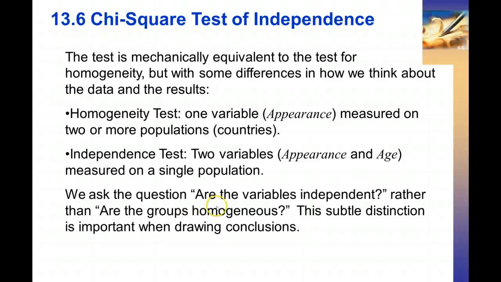We ask the question, are the variables independent, rather than are the groups homogeneous? So the subtle distinction is extremely important. With the independence test, you're looking to see if the variables age and appearance are independent, as opposed to looking at appearance breakdown in multiple groups, which is the homogeneity test.